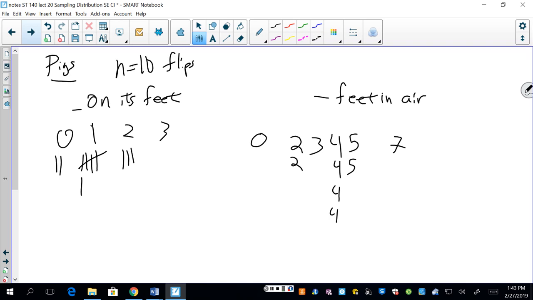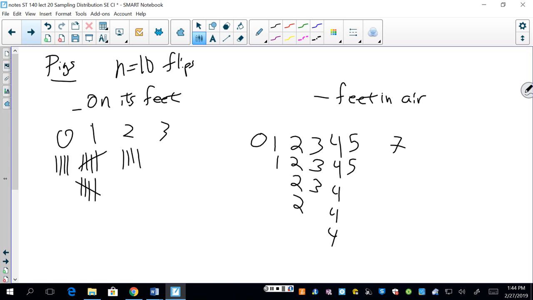I got 1 on its feet and 3 in the air. 1 on its feet and 1 in the air. 0 on its feet and 2 in the air. 1 and 1. 1 on its feet and 4 in the air. 2 and 2. 0 and 3.